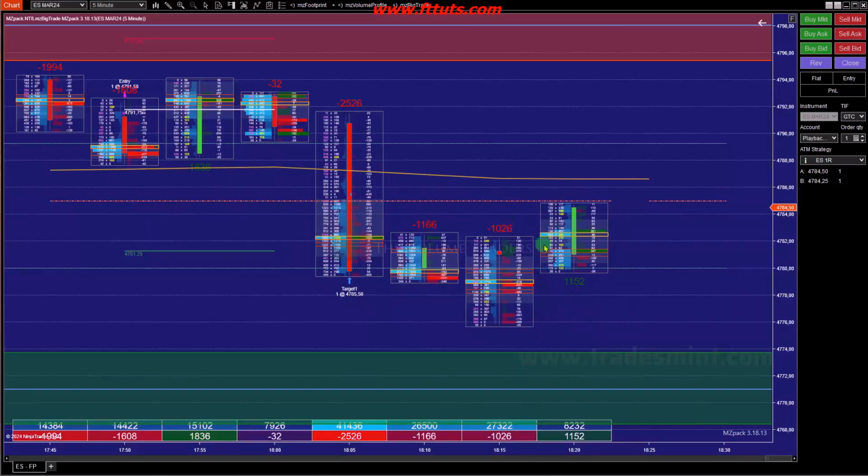Oh, take a look here. Looks like a nice rejection from the key level, right? This is the key level, value area low, and looks like this candle is doing a shift on delta, but it happened from nowhere. This is no man's land.